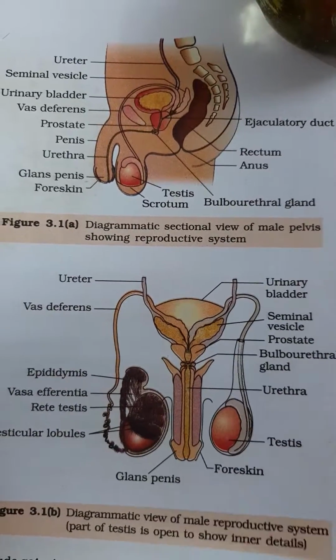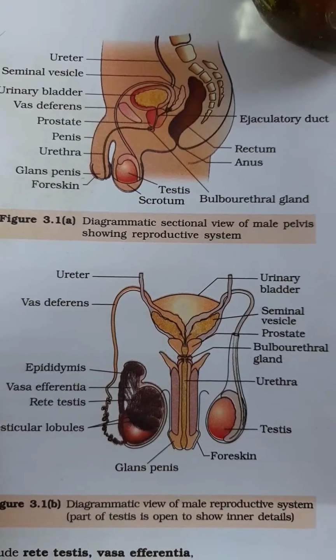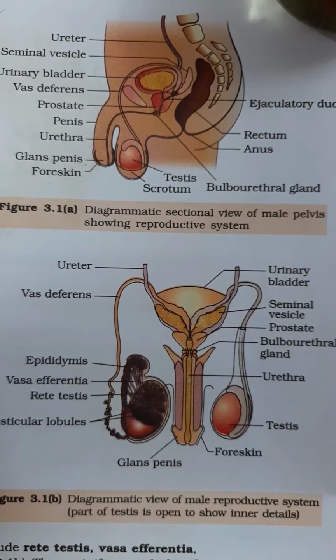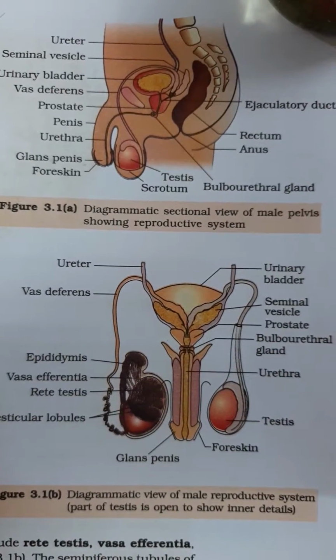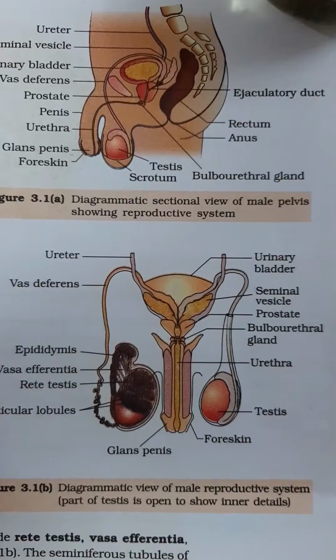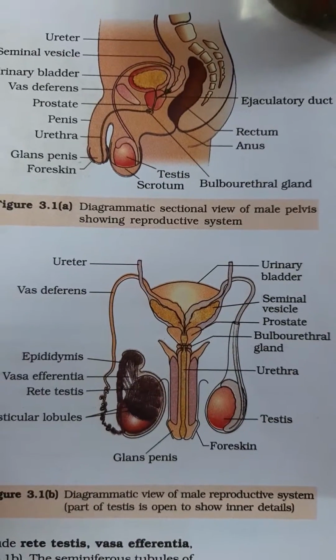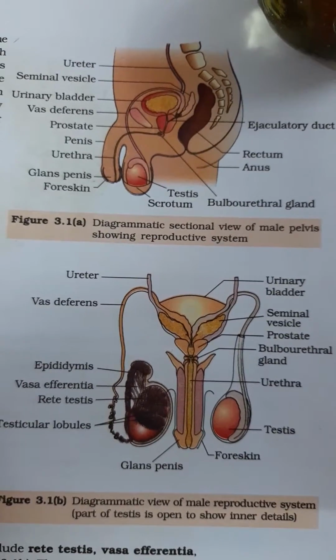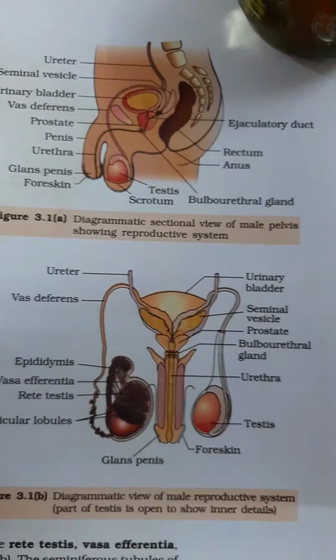The epididymis leads to the vas deferens, which loops over the urinary bladder. It receives a duct from the seminal vesicle and opens into the urethra as the ejaculatory duct. So in human beings, the male reproductive or genital organ has a urinogenital common opening.